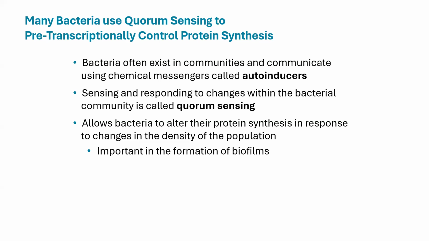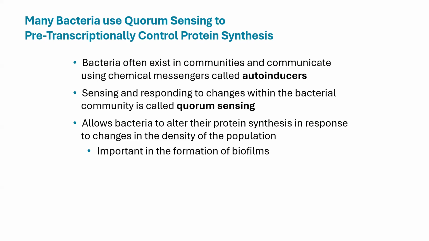In low abundance, when they're just by themselves producing these, they don't identify enough of the autoinducer to be available to produce the enzyme, and thus they don't. But when there's a big group of bacteria together, there's enough autoinducer molecules being produced that they can make whatever enzymes they need for that situation.